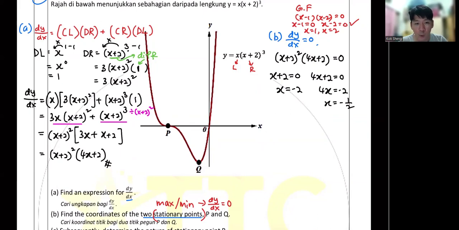So, yep, -2 and -1 over 2. If you follow the graph here, you should know that -2 belongs to point P. -1 over 2 belongs to point Q. Yeah. So then continue, haven't done yet. Need to sub in the x back to the curve to find the y. Only then your point is complete. Sub both x to find the y.